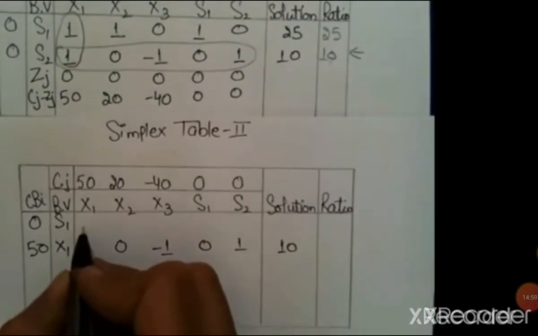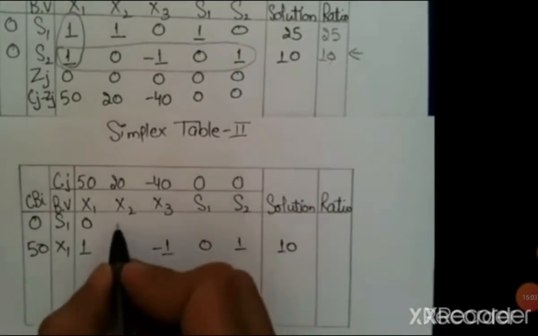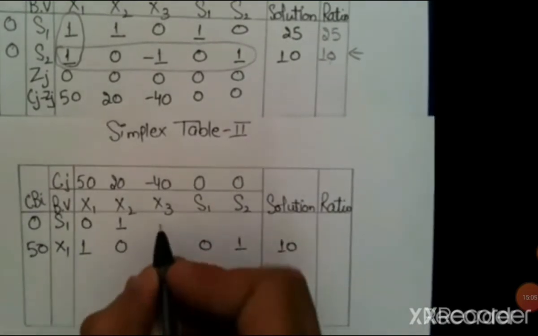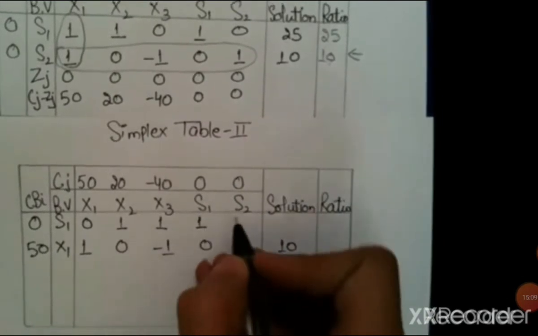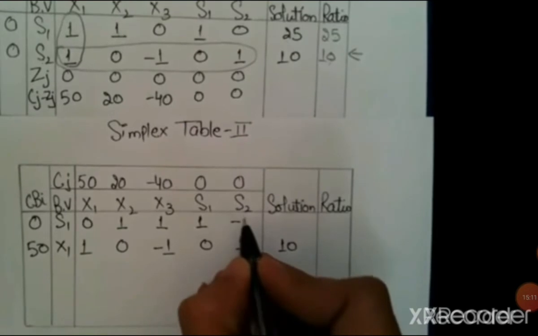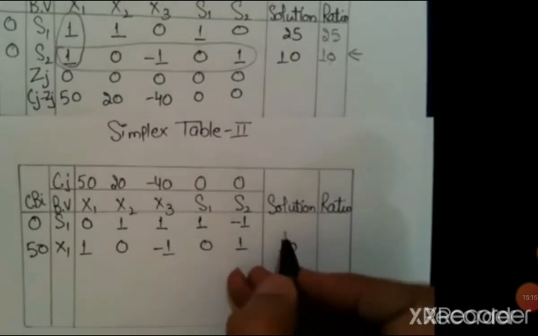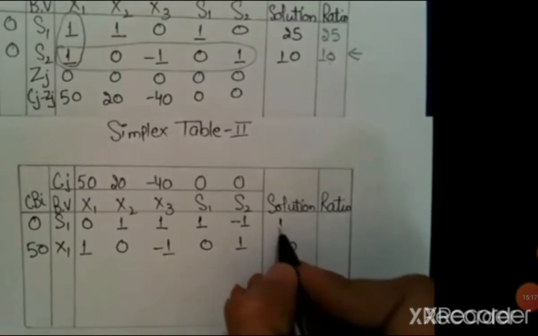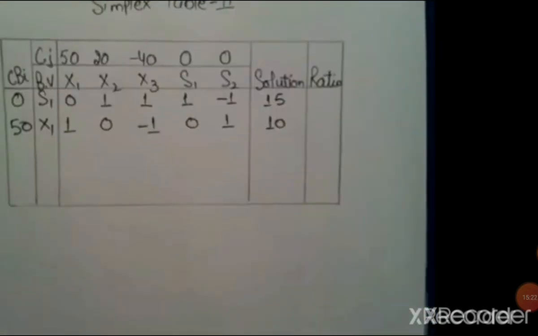In this way you can write down the values. You calculate all these values and put them there: 0, 1, 1, 1. Here you can neglect this S2 as S2 is leaving, so you need not consider the S2 column.